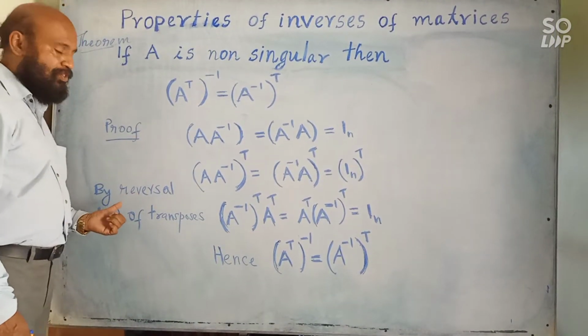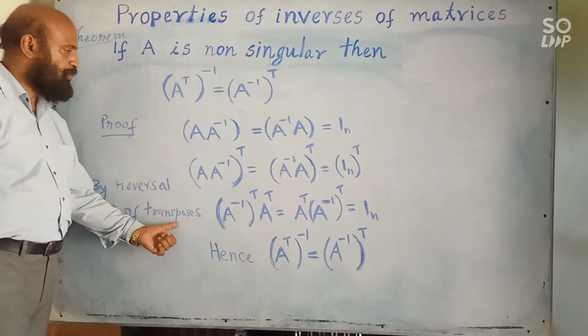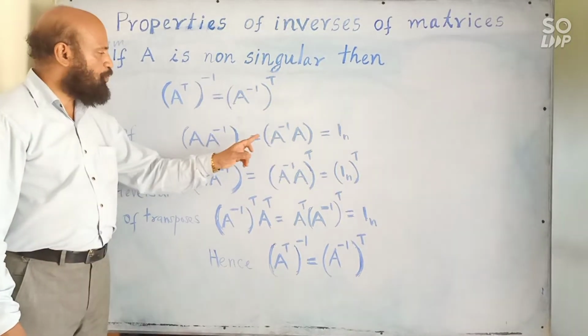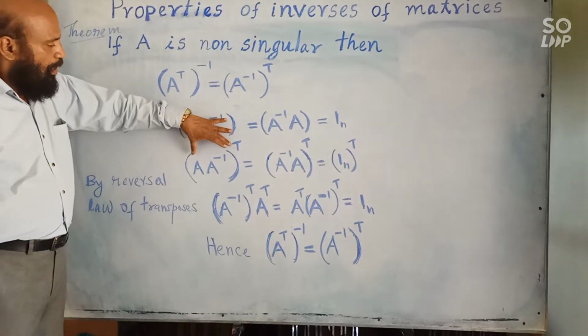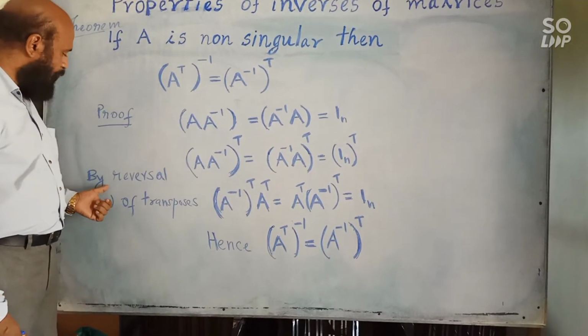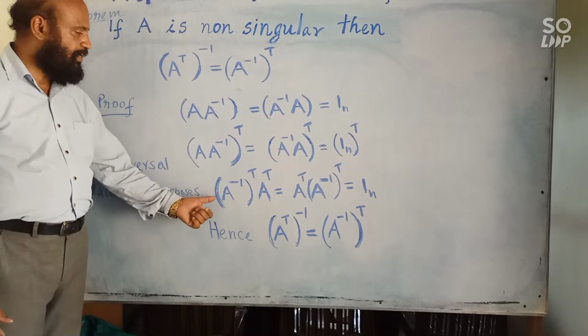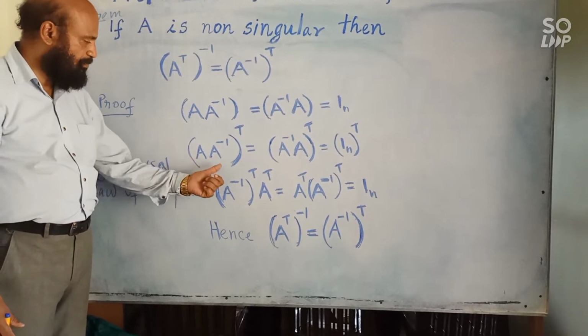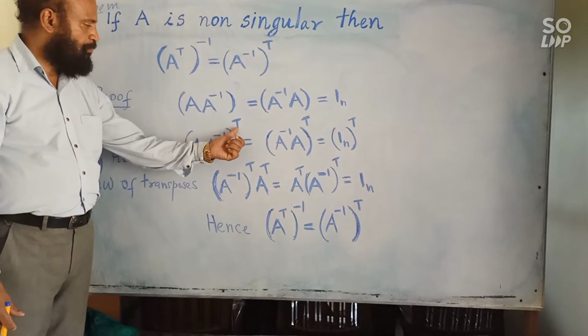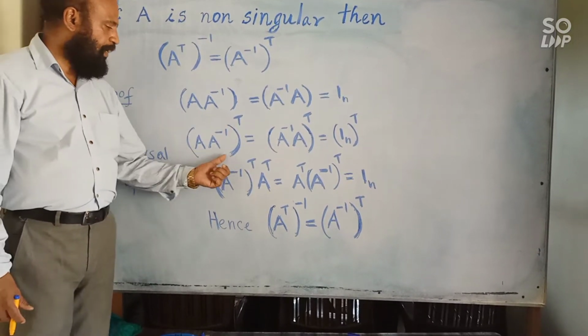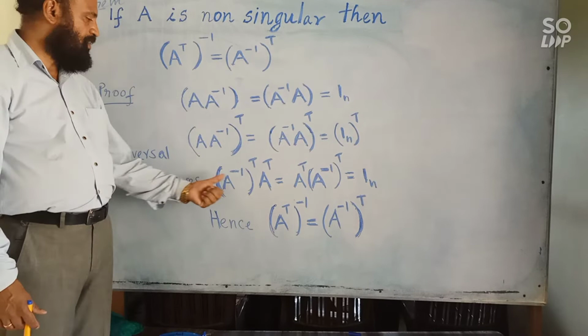Now we are going to use the reversal law of transposes. If you take a transpose of all the terms, using the reversal law of transposes, you can write like this. It will get reversed. See, A into A inverse transpose. When you remove this bracket, it will get reversed.